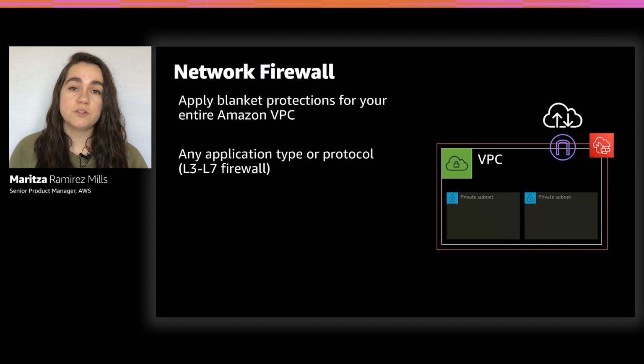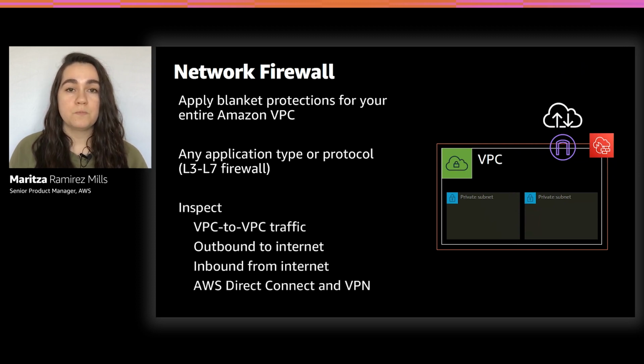And you can inspect traffic flows that are leaving or entering your VPC from any direction. And so this can be between VPC traffic, traffic that is going outbound to internet, traffic that is originating from the internet coming inbound, or traffic that is traversing AWS Direct Connect or VPN between AWS and your on-premises data centers.